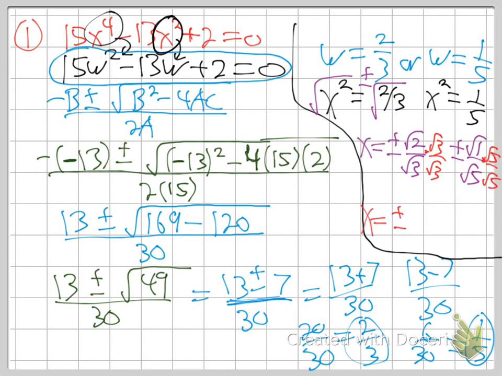So X is plus or minus root 6 over 3, plus or minus root 5 over regular 5. And there we go. We got our 4 answers.